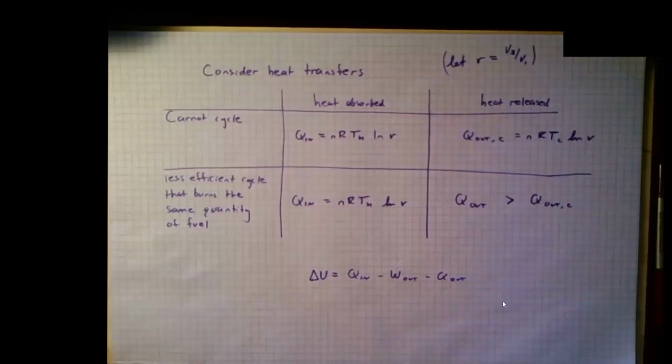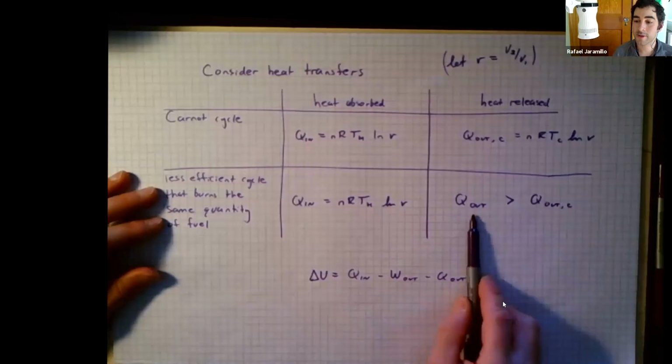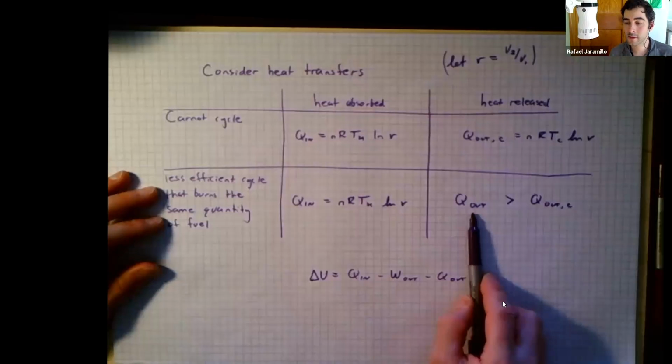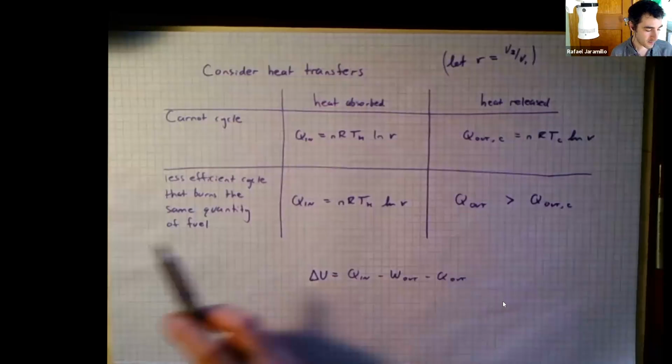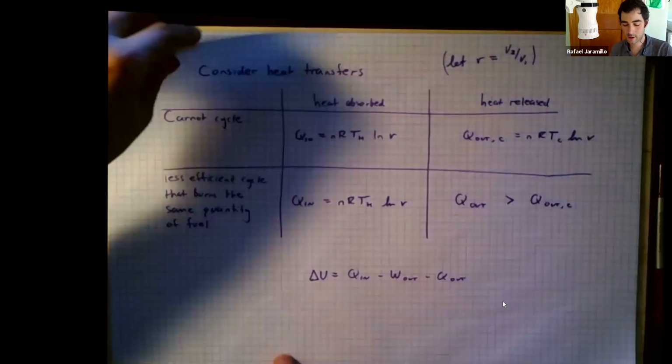So a less efficient cycle burning the same quantity of fuel rejects more heat. That's the way to talk about this. It rejects more heat at the low temperature. Kind of makes sense, right? It's losing energy that a better cycle could exploit as work.